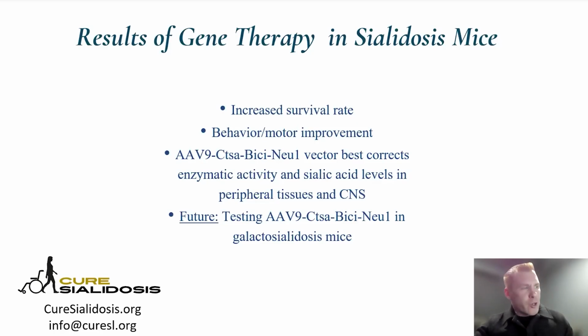Yeah, and the future is we're actually going to test the same gene therapy in both galactosialidosis and sialidosis by itself. We have enough research and findings now to go to the FDA for a pre-IND.